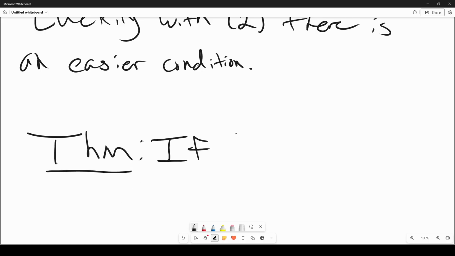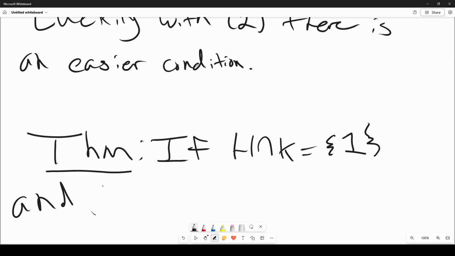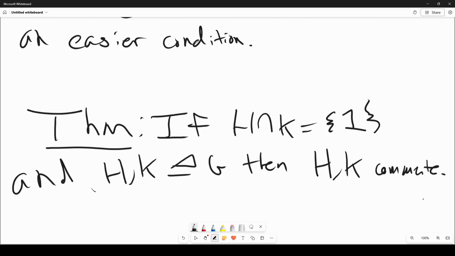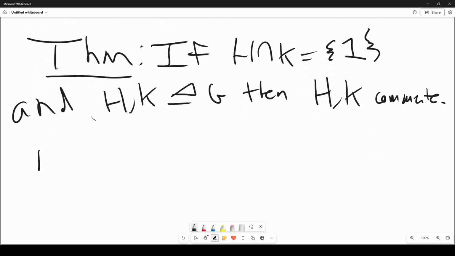So if H intersect K is just the identity, that's condition 2, and H and K are normal, then I get that H and K commute. Let's prove this. We're first going to define something called the commutator.